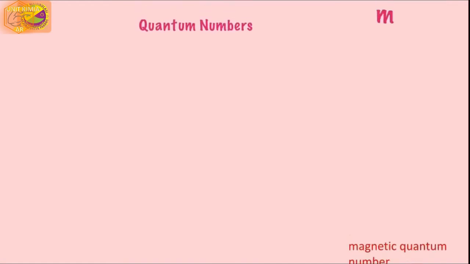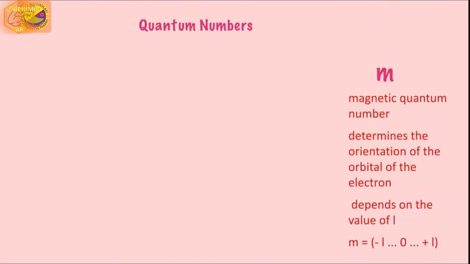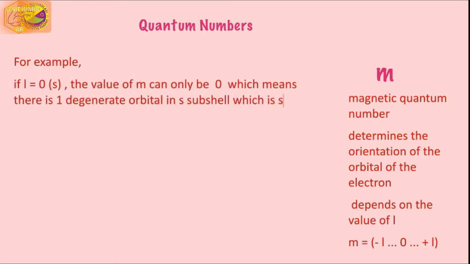For magnetic quantum number, the value of m depends on the value of l, which is m equals negative l until positive l. For example, if l equals 0, which is the s orbital, the value of m can only be 0, which means there is one degenerate orbital in s subshell, which is s.